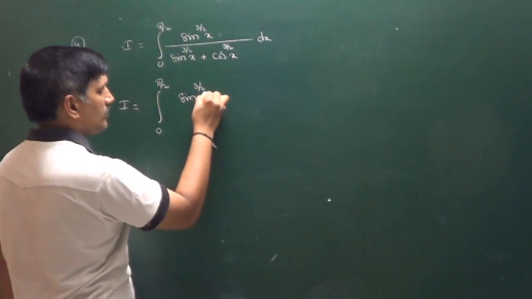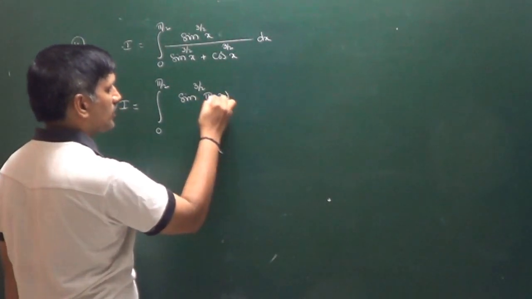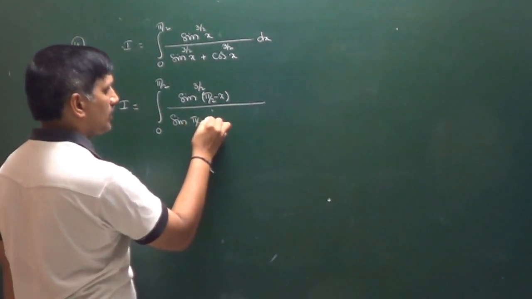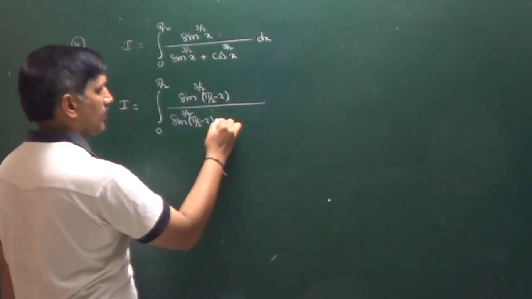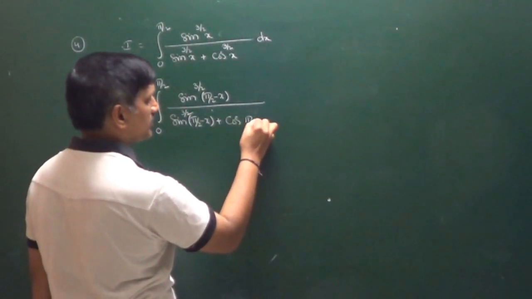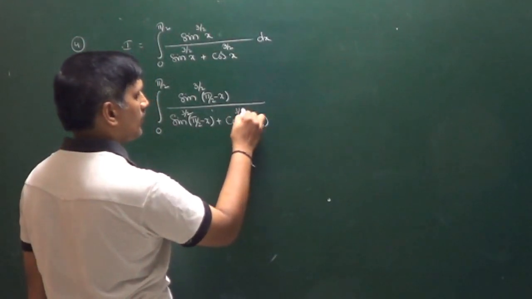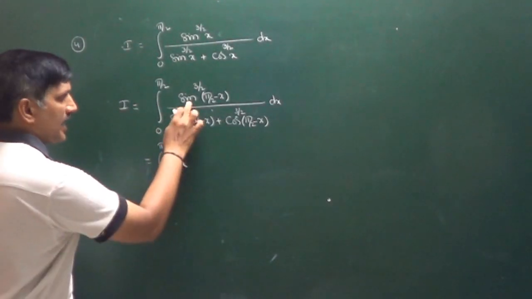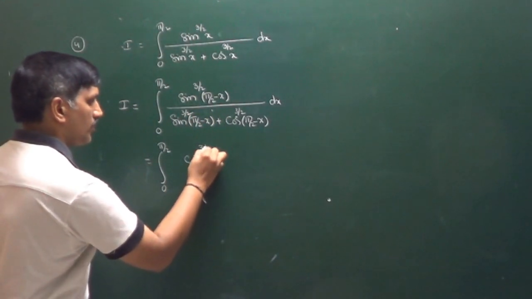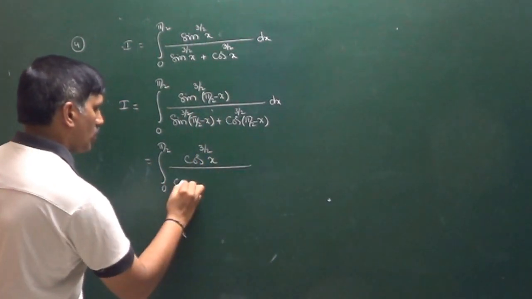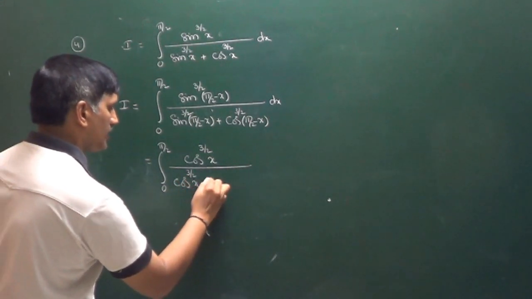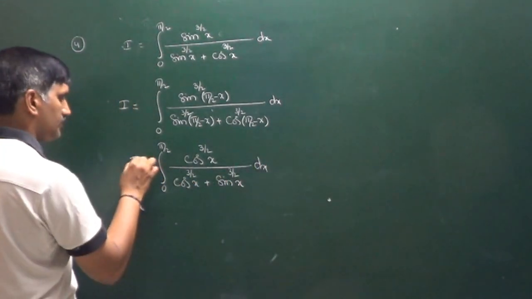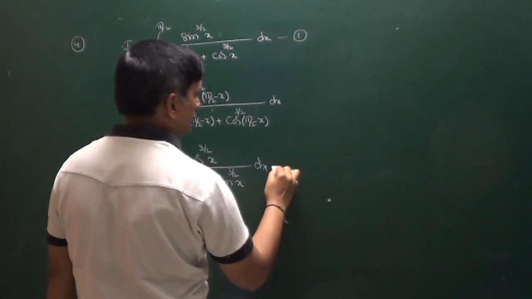That gives sin(90 minus x)^(3/2) divided by [sin(90 minus x)^(3/2) + cos(90 minus x)^(3/2)] dx. Now sin(90 minus x) is cos x, so this is integral 0 to pi by 2 of (cos x)^(3/2) divided by ((cos x)^(3/2) + (sin x)^(3/2)) dx. That is I. Let us say this is equation 1 and this is equation 2.